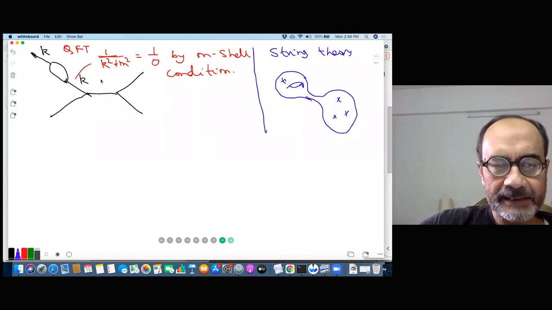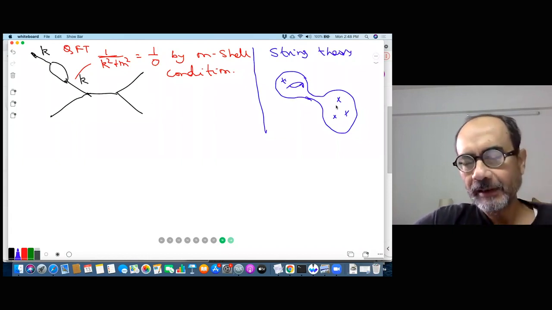This whole thing I have represented by a sphere, but you can also refine it.